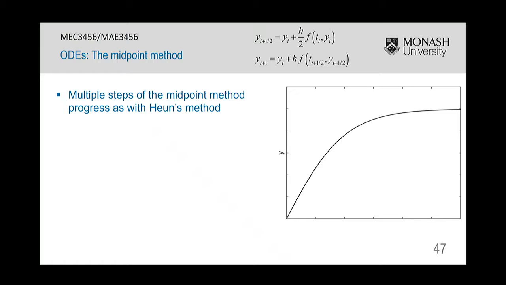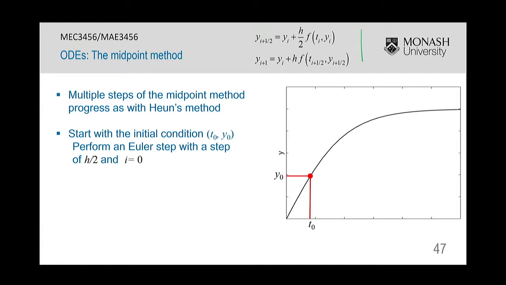Multiple steps of the midpoint method progress exactly as with Heun's method. Up the top there, we have the formula for the midpoint method. We start with our initial condition t_0, y_0. We perform an Euler step with a step size of h on 2, with i equal to 0 in this formula at the top here. That means that y_1 half is equal to y_0 plus h on 2 times the function evaluated at t_0, y_0.